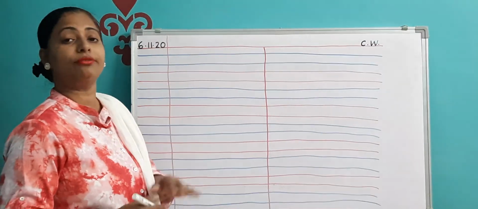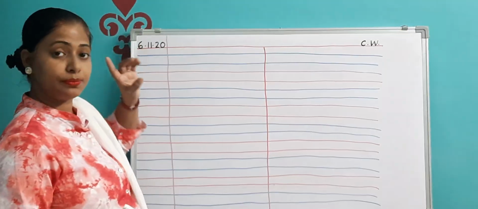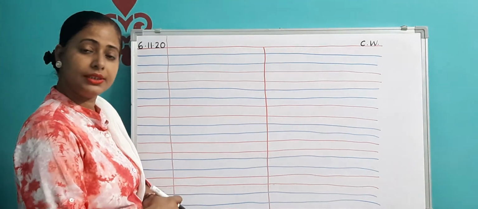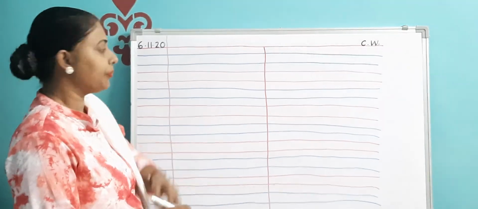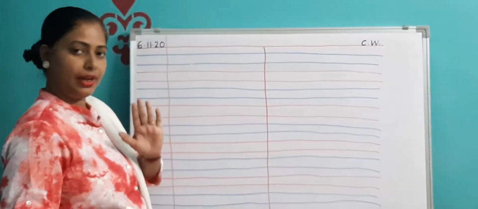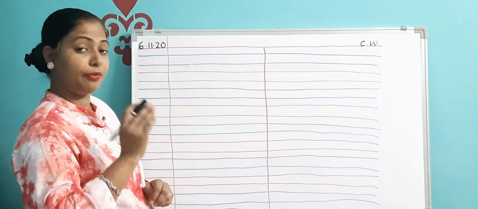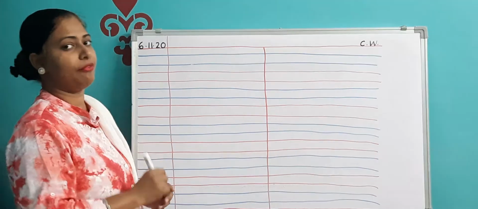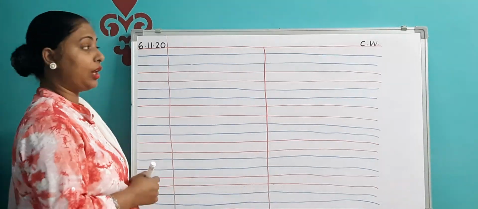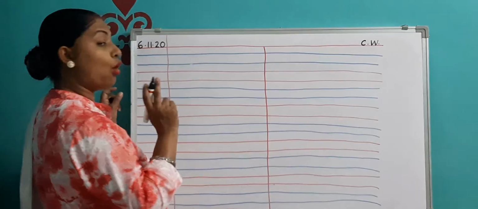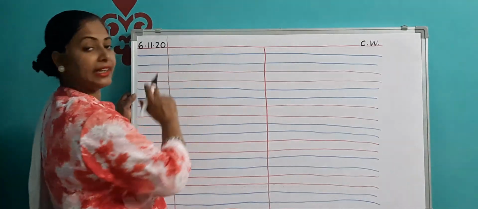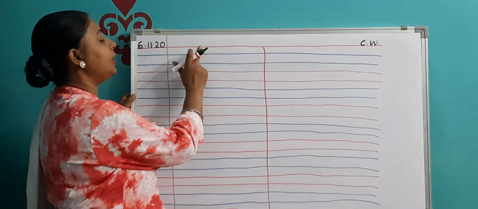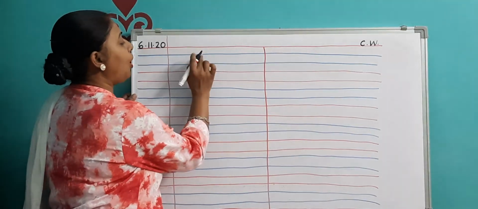Most small alphabets we write within the second and third line, but some alphabets we start from the first line also. So you have to be very careful. Small e we start from the second line, not from the first line.